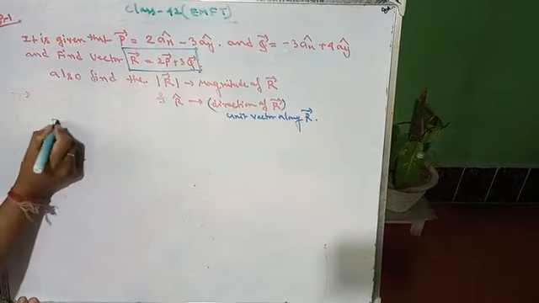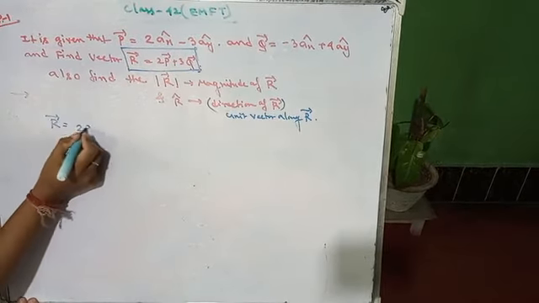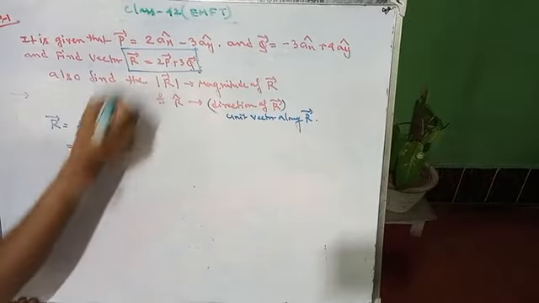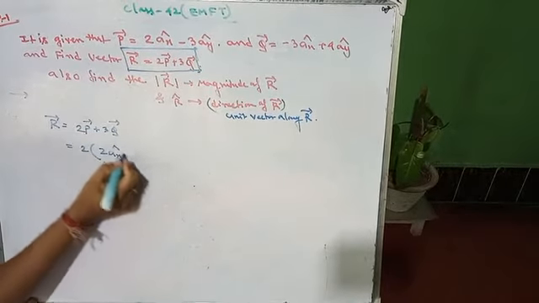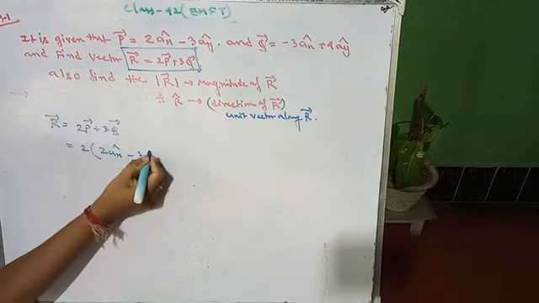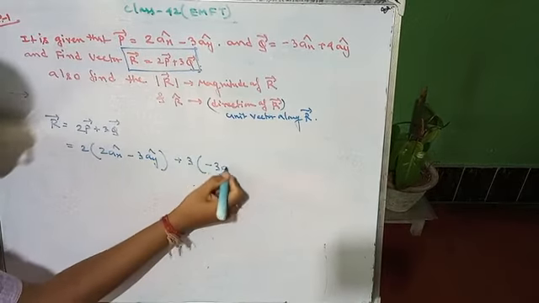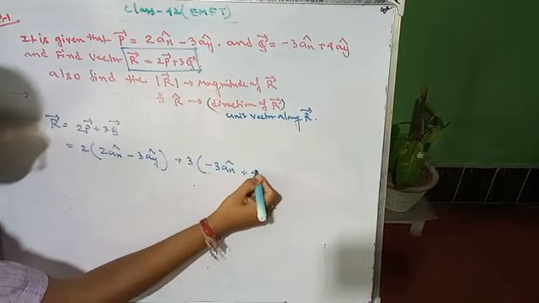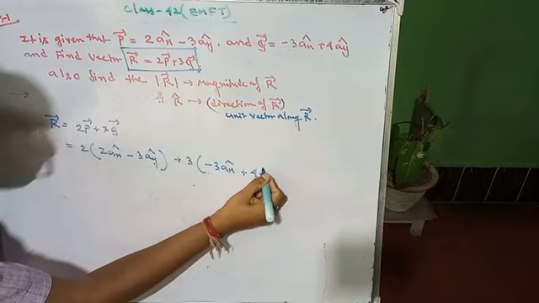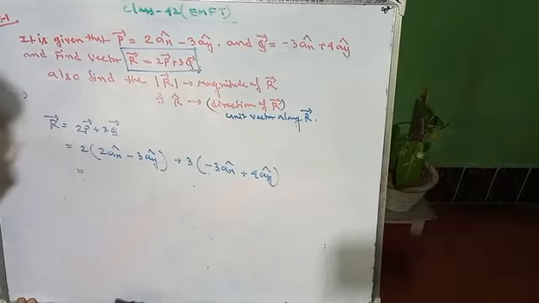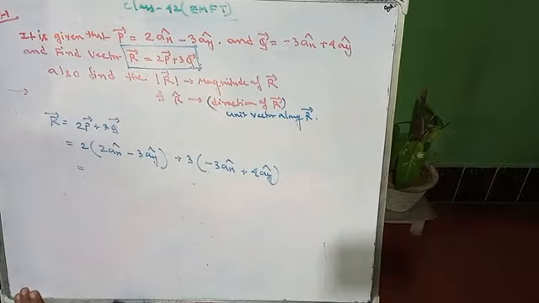So you have to perform this expression first. R vector equals 2P vector plus 3Q vector. Just put P vector 2ax cap minus 3ay cap plus 3 times minus 3ax cap plus 4ay cap. Sometimes ax cap, ay cap can also be in the form of i cap, j cap, k cap.